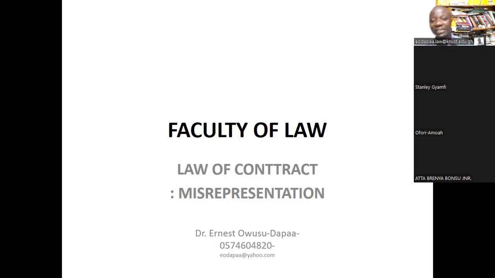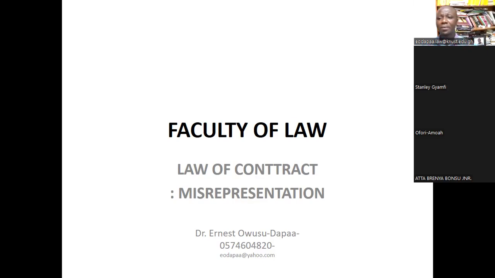If the objective test is applied and the court is able to arrive at some kind of agreement, then despite the fact that in the subjective minds or intentions of the parties they thought there was no consensus, the court will still say that there's an agreement, because the test of agreement is objective, it's not subjective, as it were.